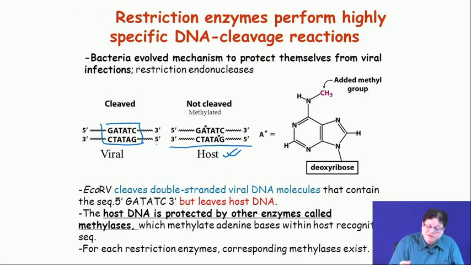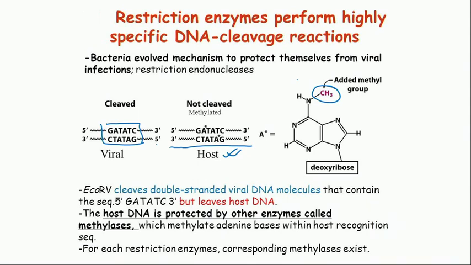One interesting point mentioned here is that the bacteria label their own DNA with a methylation on the adenine. That gives an instruction to the endonuclease that this is my own DNA, do not cut it.